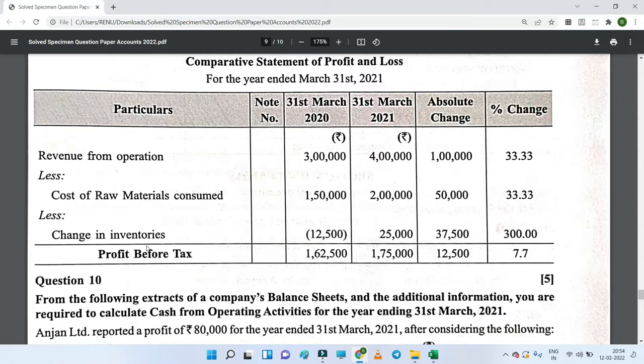Then we have changes in inventories. The amount of the previous year is given in negative, that is 12,500, and the current year value is positive, that is 25,000. Now from 25,000, when we deduct the negative amount, minus minus becomes plus.